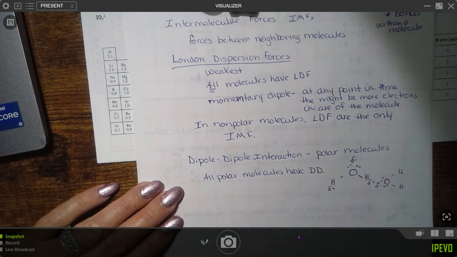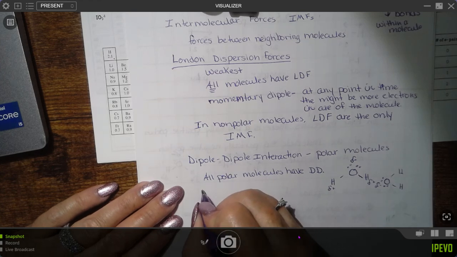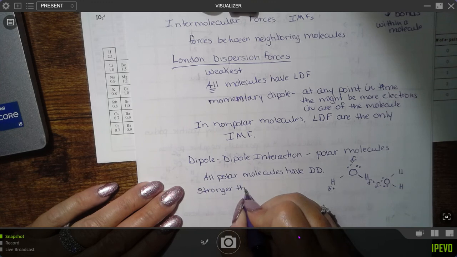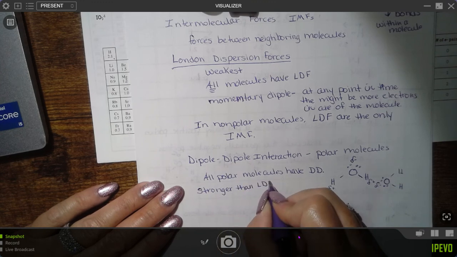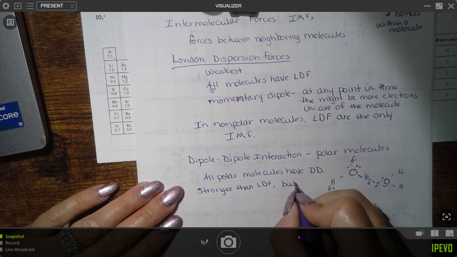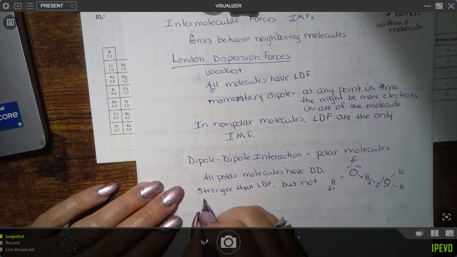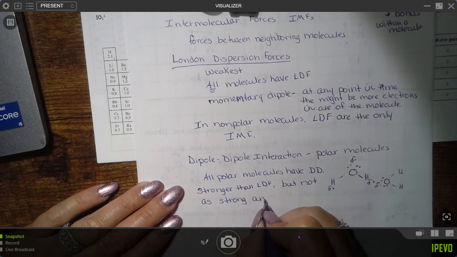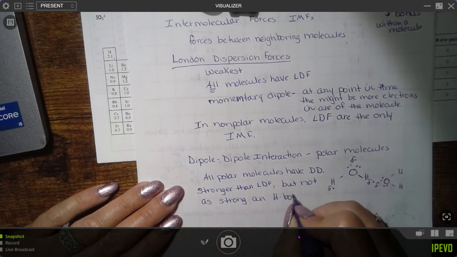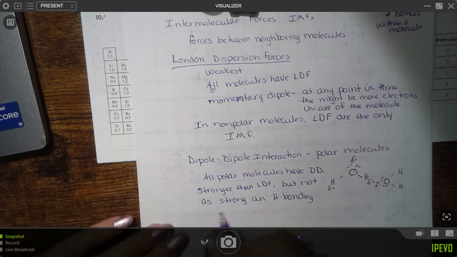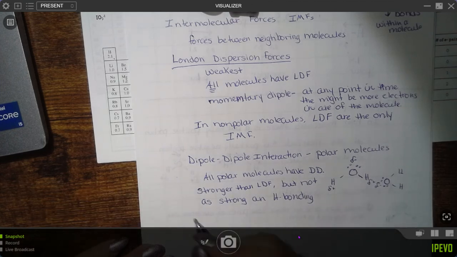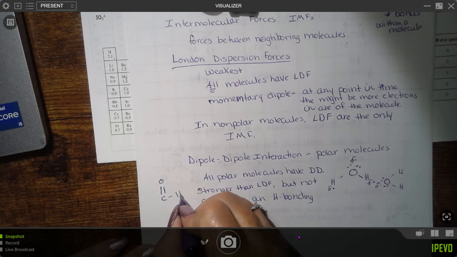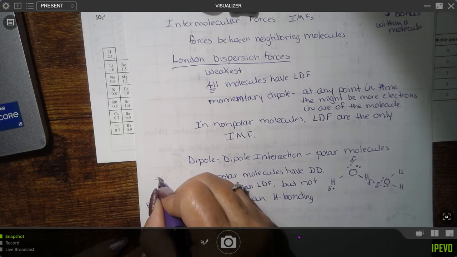These are stronger than LDF, but not as strong as our next type, hydrogen bonding. Let's look at another example. Let's say we have this molecule.